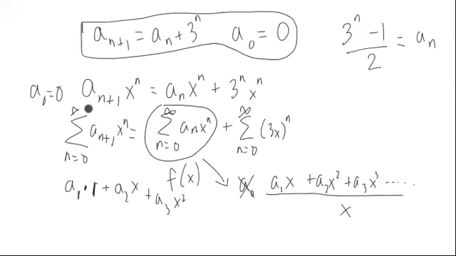So that means this series right here is just f of x divided by x. This series right here is f of x, and then we have something over here. We're going to change everything into polynomials a little bit. So that enables us to say f of x over x is equal to f of x plus that series.